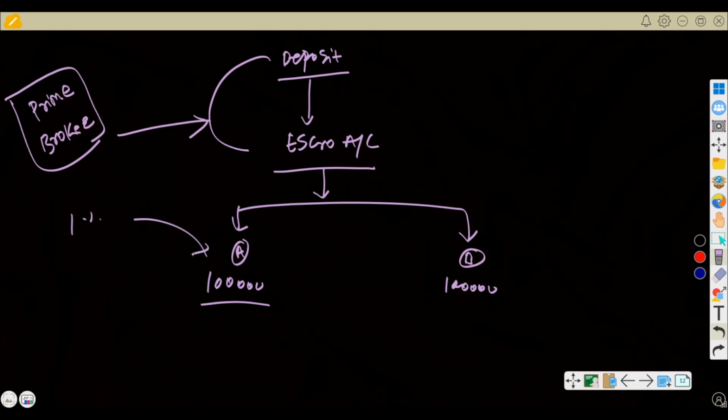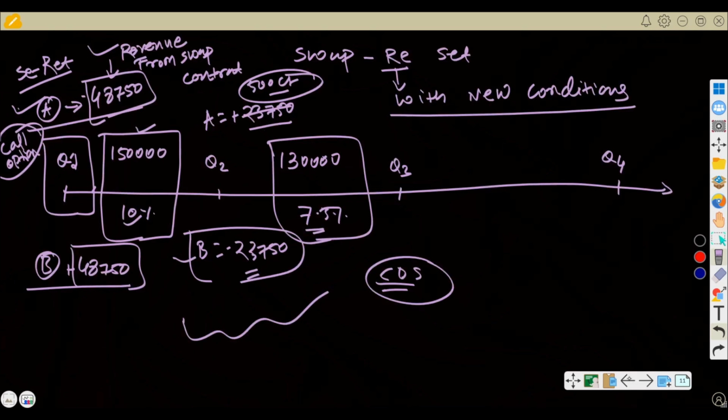That becomes the upfront fee. But sometimes the difference of this amount also you can call the upfront fee of the contract. So that depends on the purpose of that particular transaction.